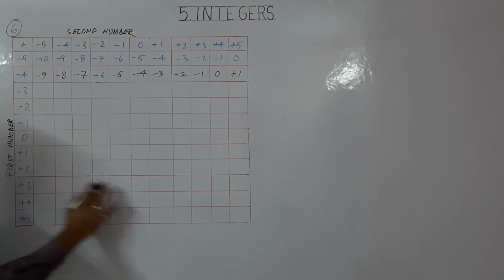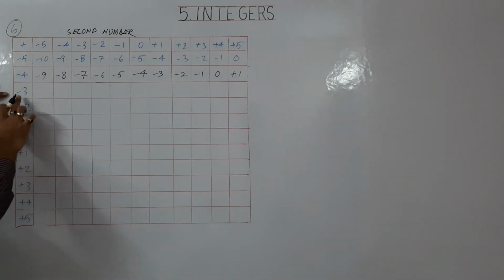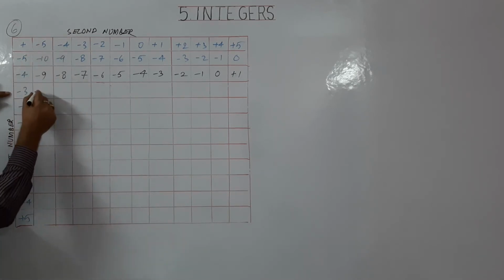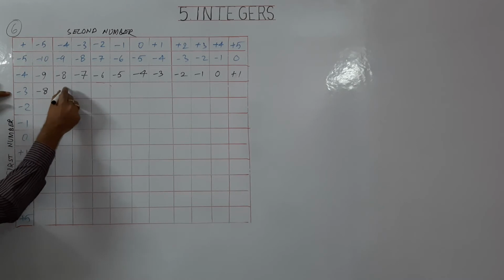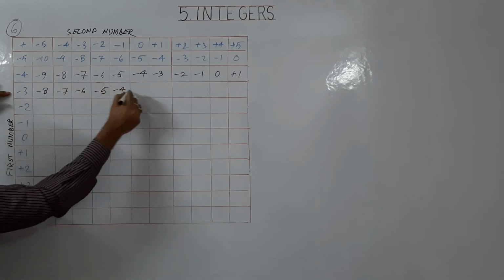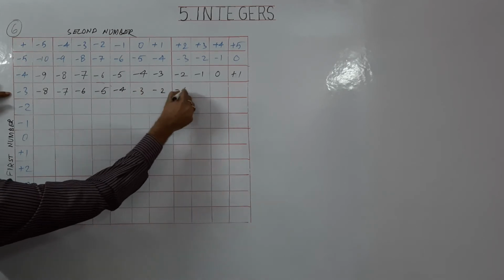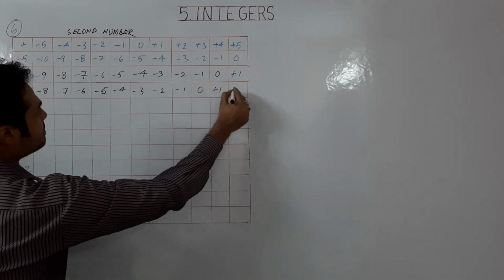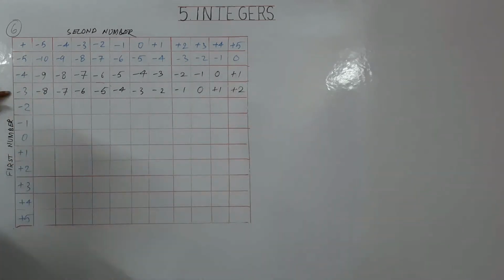Similarly, we have to repeat this process for all remaining parts. Minus 3 minus 5 is minus 8, and minus 7, minus 6, minus 5, minus 4, minus 3, minus 2, minus 1, minus 3 plus 3 is 0, plus 1, and plus 2.